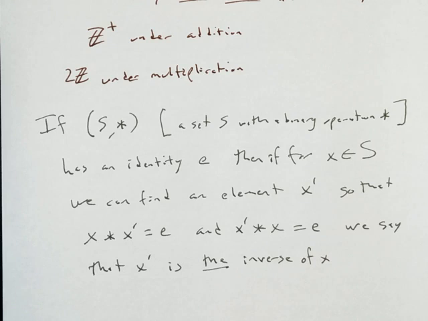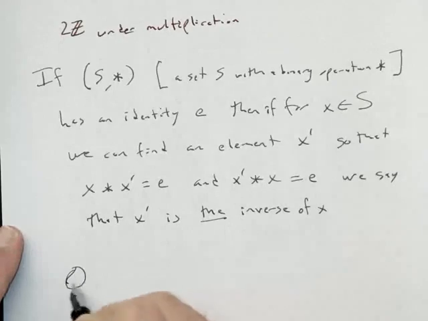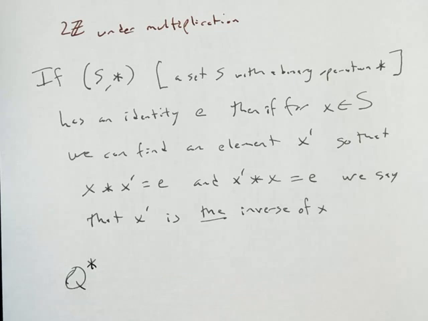So even going all the way to the entire set of fractions, I'm in trouble. But if I go to the set of fractions that excludes 0 under multiplication, that works. Then every element does have an inverse.